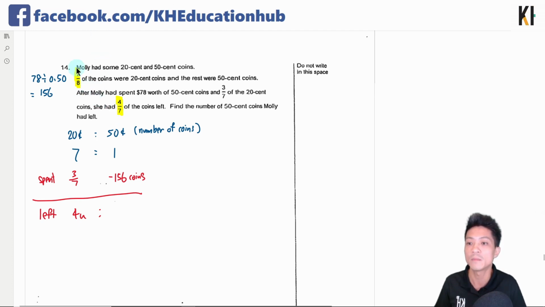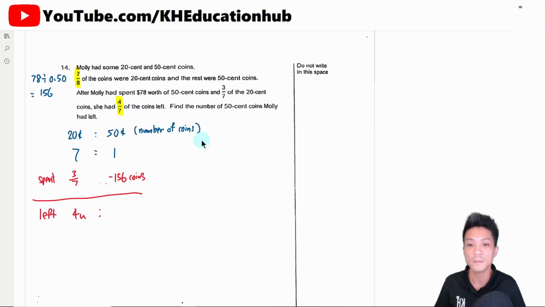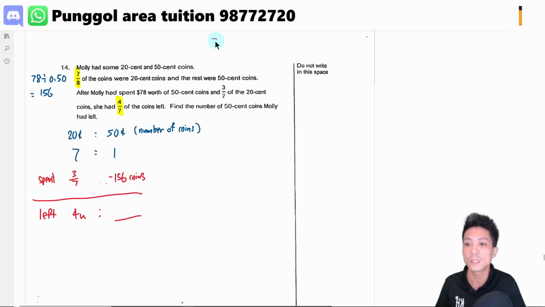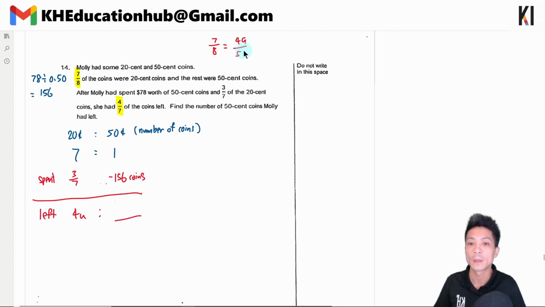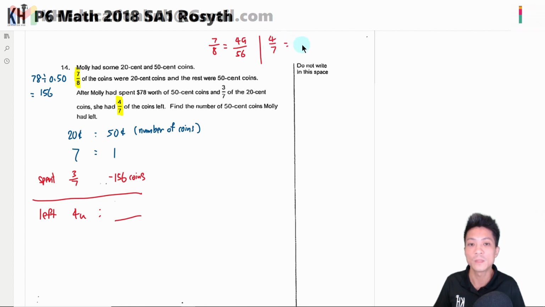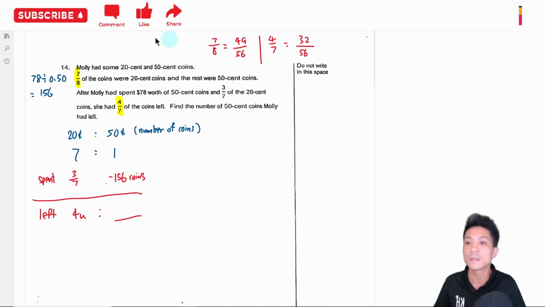So I'm going to make them the same by multiplying by 7 and multiplying by 8. 7/8 times 7 will be 49/56, and 4/7 times 8 is 32 out of 56.